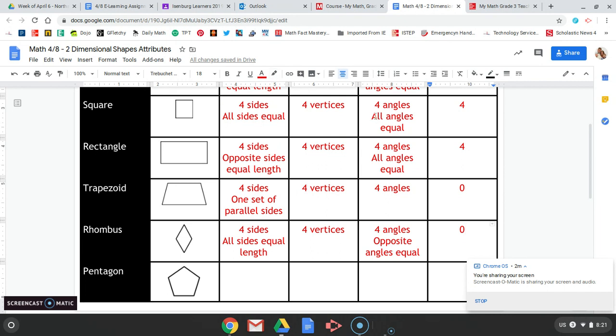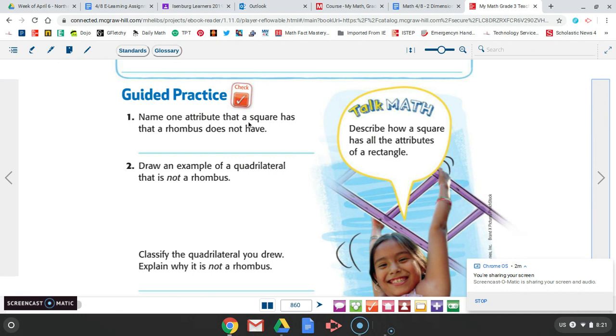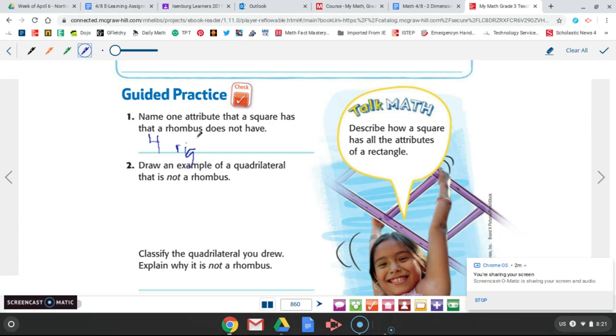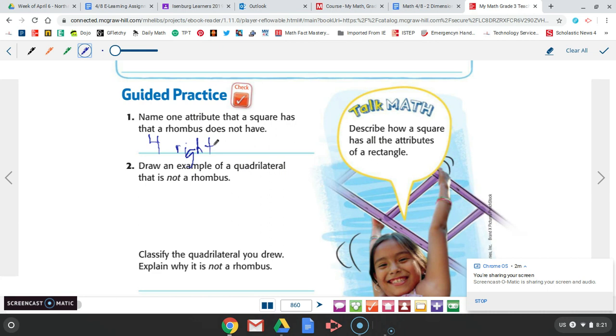But with a square, all of the angles have to be equal. So one attribute that a square has that a rhombus does not have is, see if I can write this without being too sloppy, that a square has to have 4 right angles. So a rhombus can have 4 right angles, but it doesn't have to. Okay, so 4 right angles.